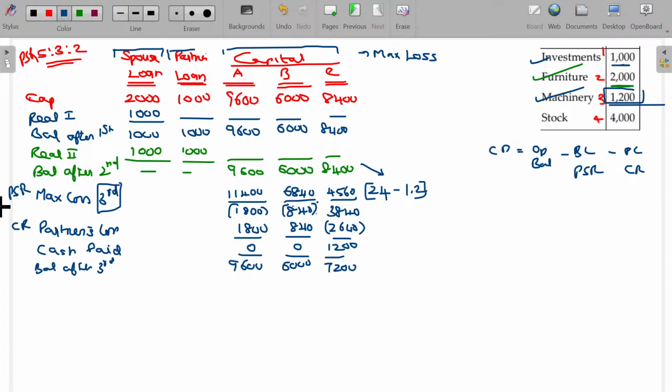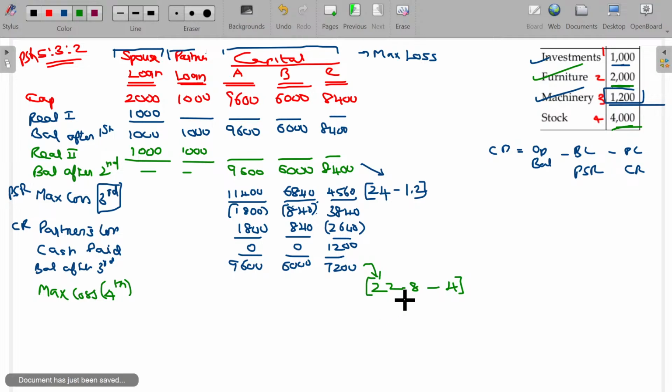Now, last realization. Realization fourth. Maximum loss in fourth realization. What is the amount payable to them? 22,800. In fourth realization, we got 4,000 rupees. 18,800 will be the maximum loss, shared among the three partners using PSR ratio.